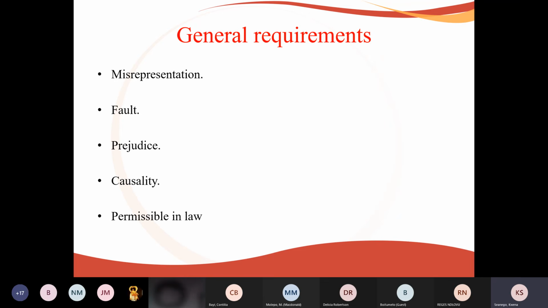If they lose that property as a result of Estoppel, they must have acted with culpa. So there must have been gross negligence or negligence on their part for them to lose ownership of their property.